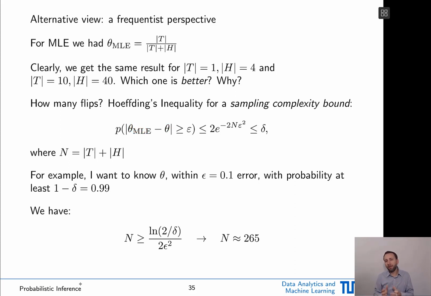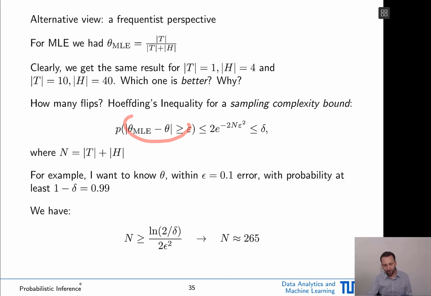The true theta is the one we actually never really know, because we don't really know how this coin might behave. But the Hoeffding inequality tells you what is the probability that the maximum likelihood estimate deviates from the true value by more than epsilon? So this essentially says that our estimate is off, that it's too far away from the true value.